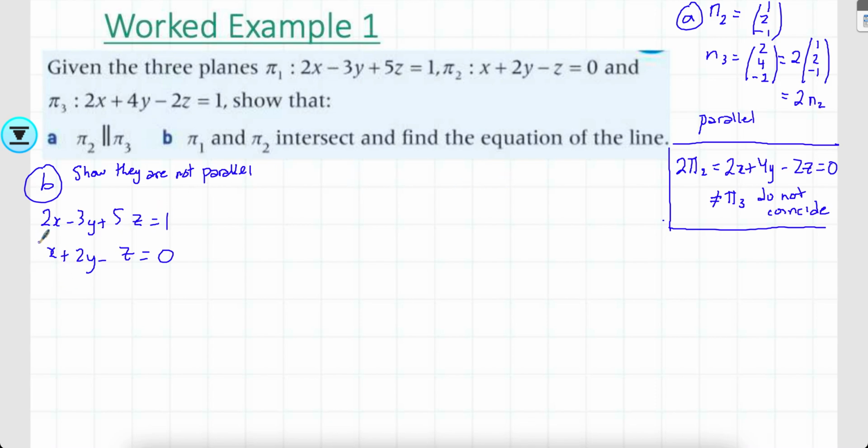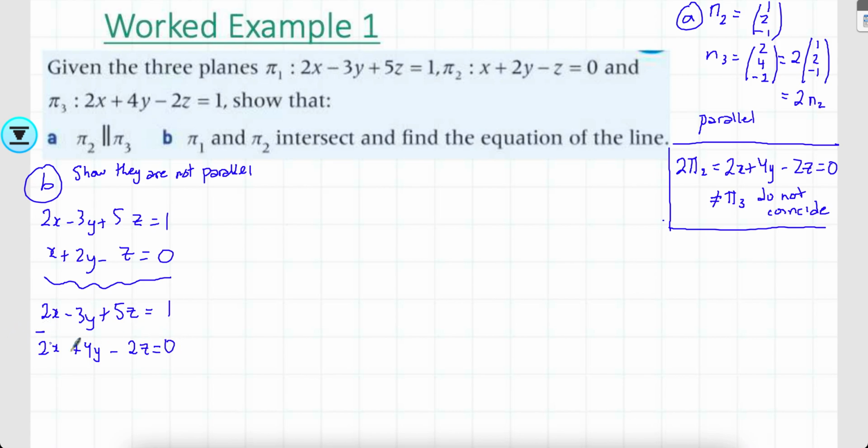So let's start with, I'm just thinking of eliminating the x, so I will double the second equation and I will subtract the 2 equations from each other. So I get 2x minus 3y plus 5z, and then I have 2x plus 4y minus 2z equals 0.